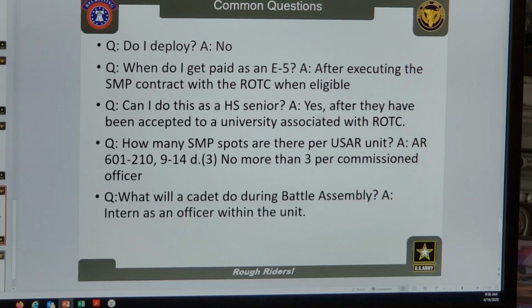But hey, this is a great program. Anybody can write an SMP. You don't have to have the college. Just do the little bit of research. If you have questions when you're reading 9-14 or 145-1, feel free to reach out to myself or Master Sergeant Beck. We're on the global. Hopefully we'll be able to steer you in the right direction and answer this for you.